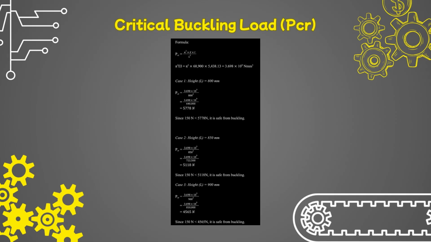The 900mm stick capacity drops to 4,565 newtons. However, even for our tallest design, the critical load of 4,565 newtons is significantly higher than our actual load of 150 newtons. This gives us a very high factor of safety, confirming the stick is completely safe from buckling.